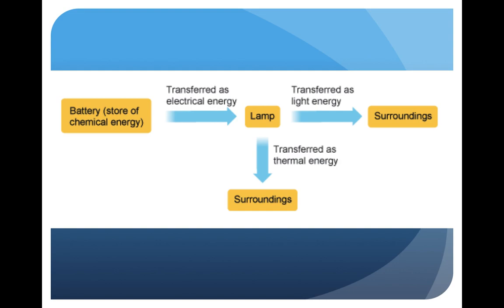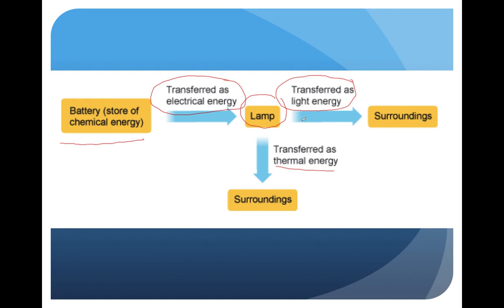So this diagram just shows those energy transformations. The battery is the input energy for the lamp, and it goes in as electrical energy. And then the lamp produces light energy and thermal energy or heat.